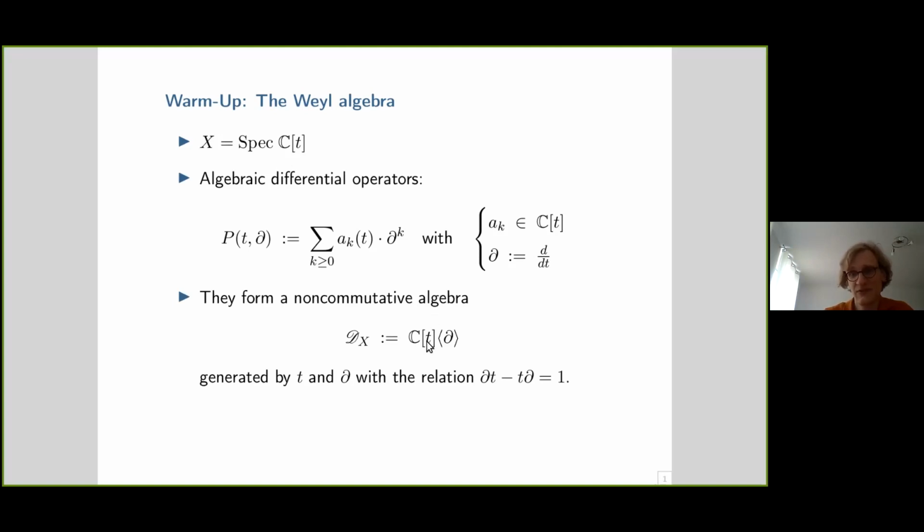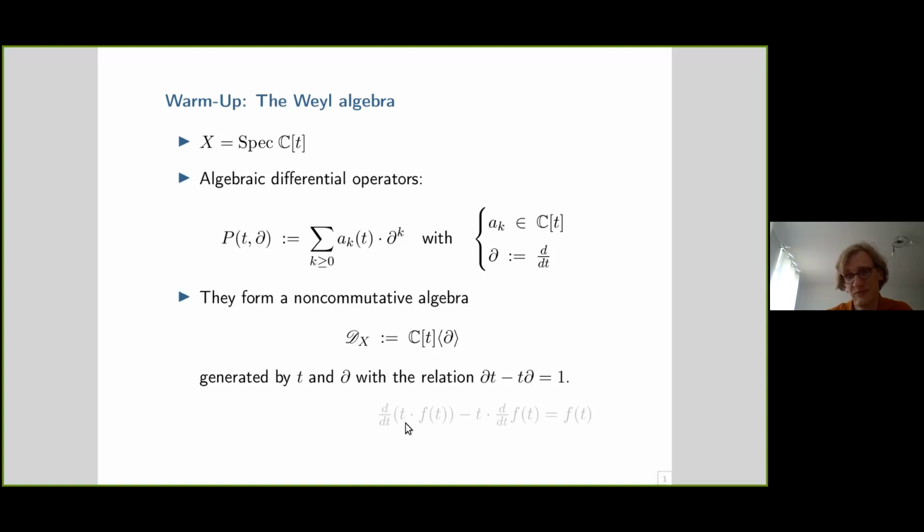This is usually denoted C[T]⟨∂⟩, with angle brackets to indicate that ∂ and T do not commute. They satisfy this relation ∂T − T∂ = 1, which is just an incarnation of the Leibniz rule.